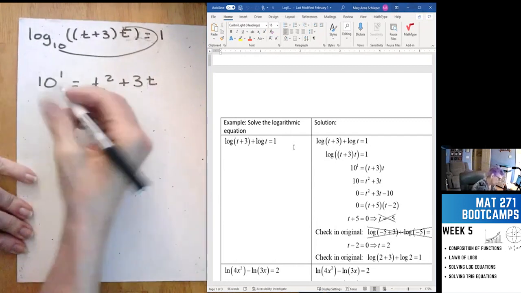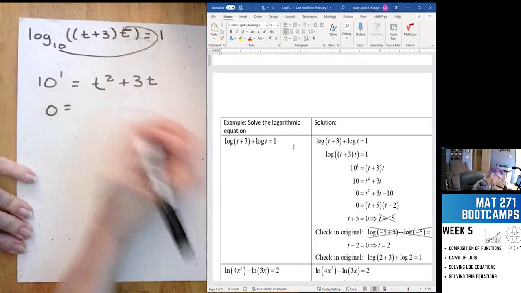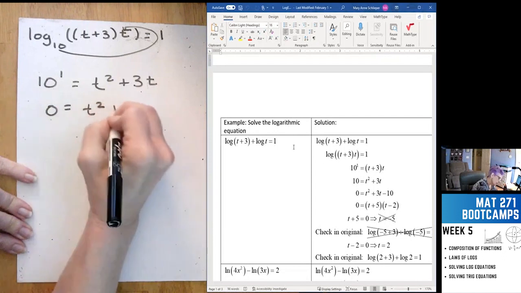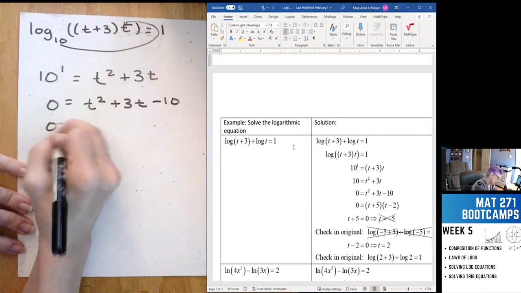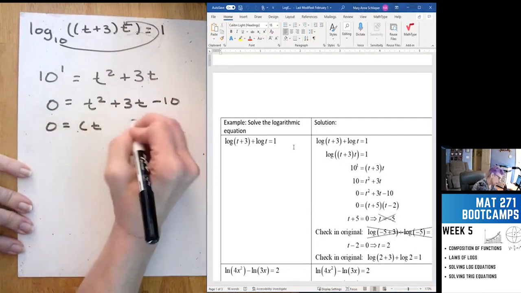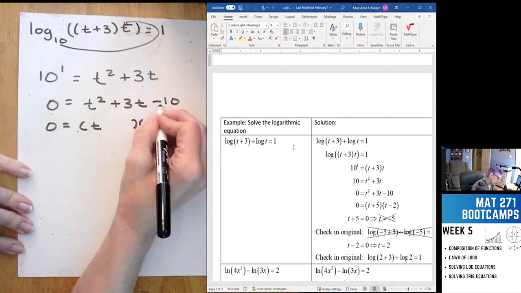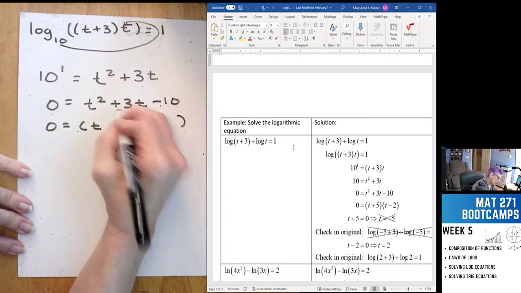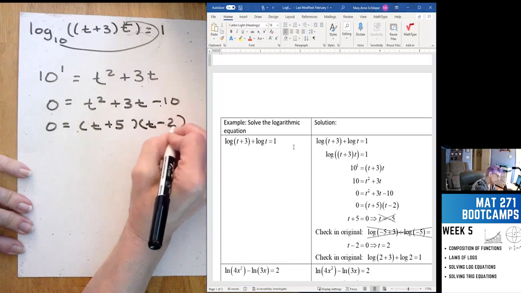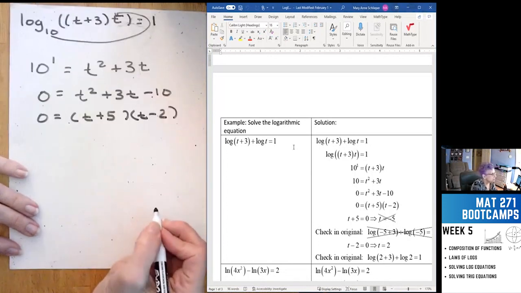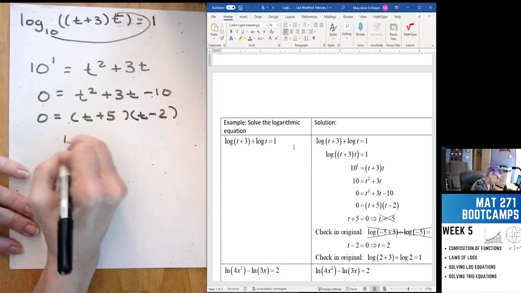So let's get everybody on the right-hand side. t squared plus 3t minus 10. Product is -10, sum is +3. That means +5 and -2 will work for me.